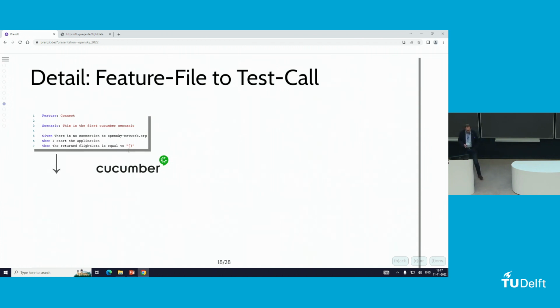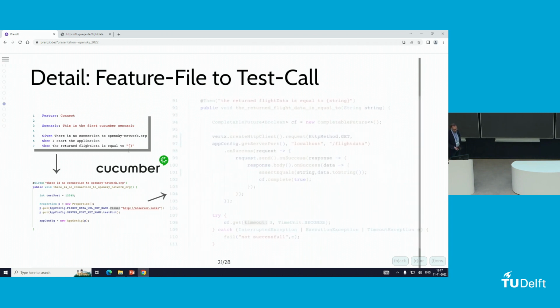And so this feature file is then translated by Cucumber, and there are the equivalent calls now in the Java programming language, what it actually means. So there's no connection to the OpenSky network. That's the same given as up here. So this is natural language, and this is the same thing in the programming language.